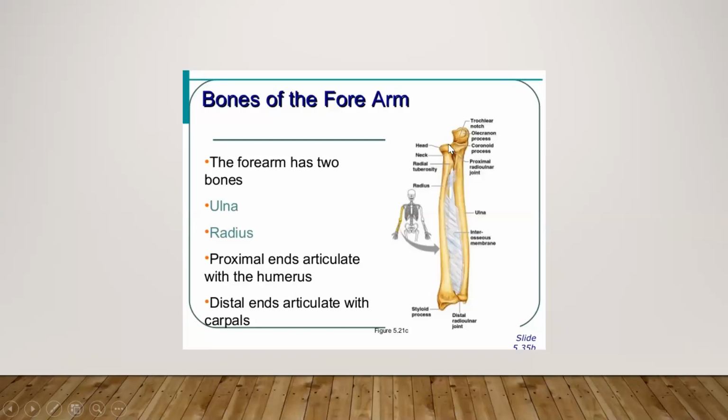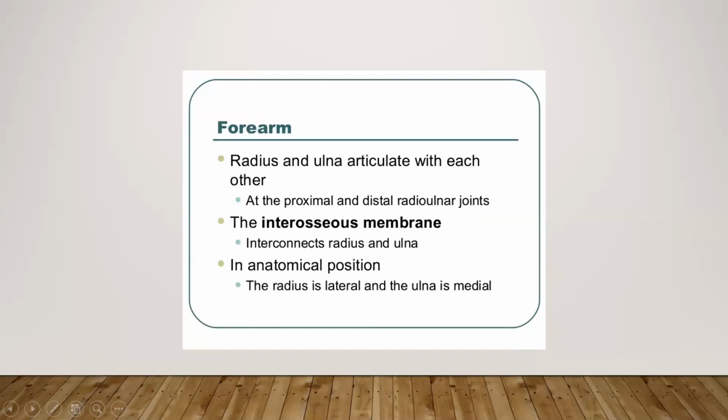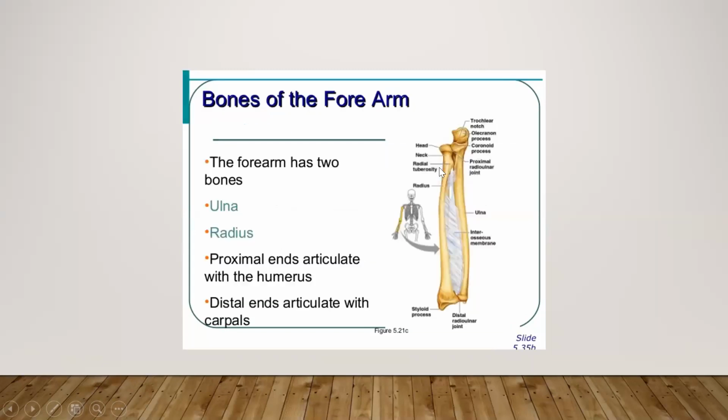This is the proximal end. The distal end articulates with the carpal bones of the hand. The radius and ulna articulate with each other at the proximal end and the distal end. This is the proximal radioulnar joint.